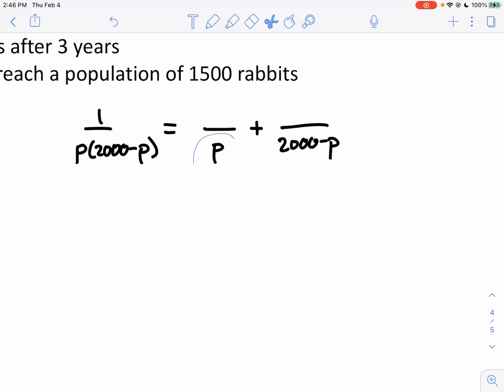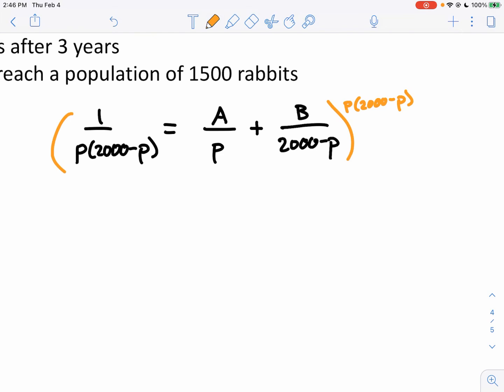Now, this is a linear term. It's P to the 1. So above that goes an unknown constant. And this is a linear term. It's P raised to the 1. So above that goes an unknown constant. And now we multiply both sides of this equation, I'll just put the whole equation in parentheses, times this denominator here.